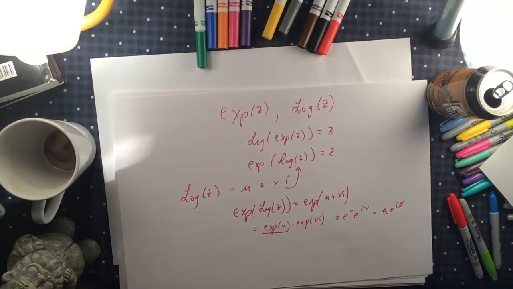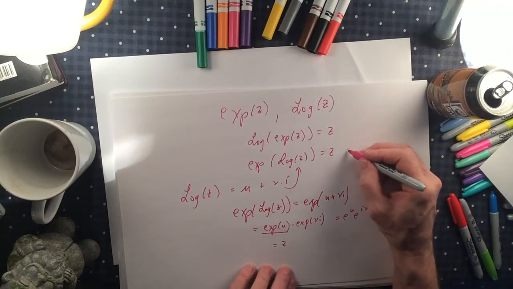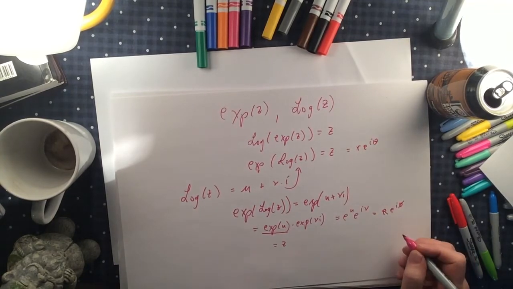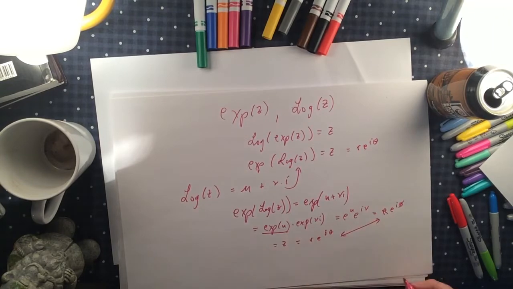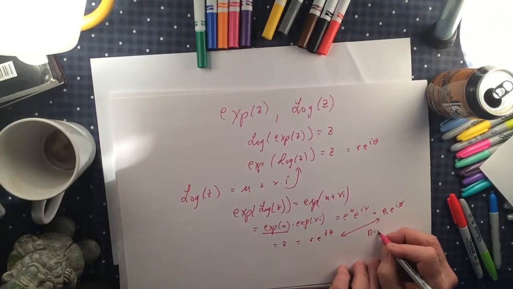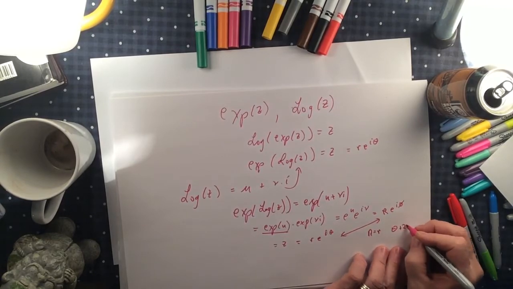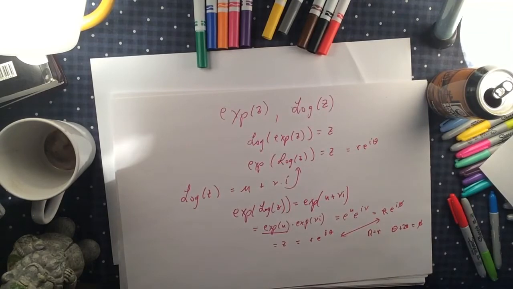Now, if we want this answer to be our original z, and so if we set our original z as little r e to the I theta, well then, in order for these two to be equal, capital R has to be little r, and theta plus any multiple of 2 pi can be phi, because of the cyclicity of the cosine and sine function by 2 pi, and any multiple goes there.